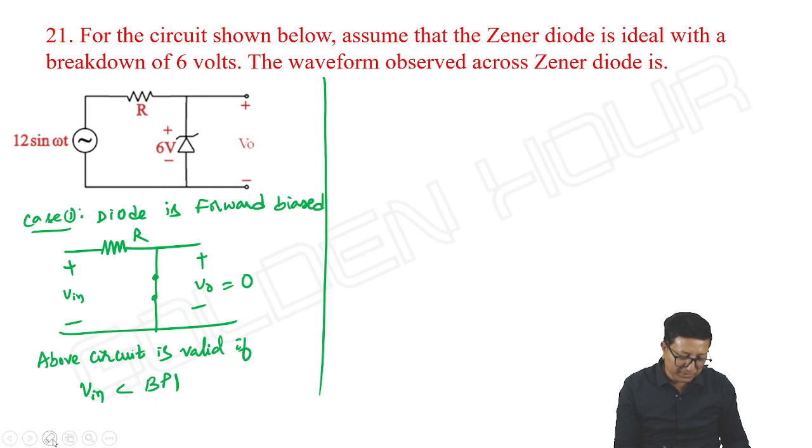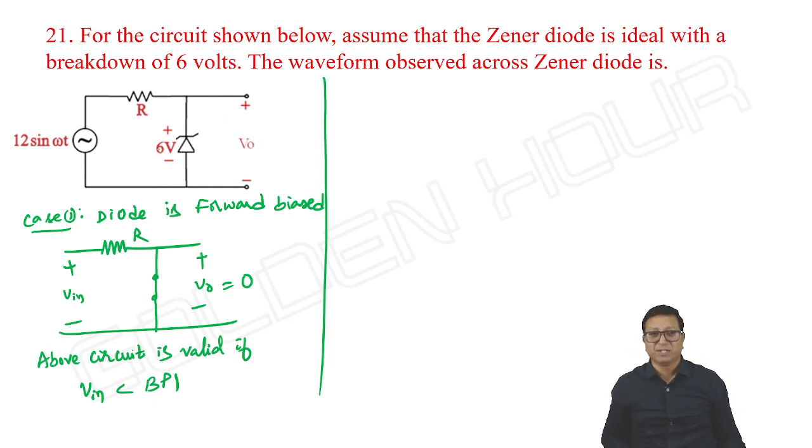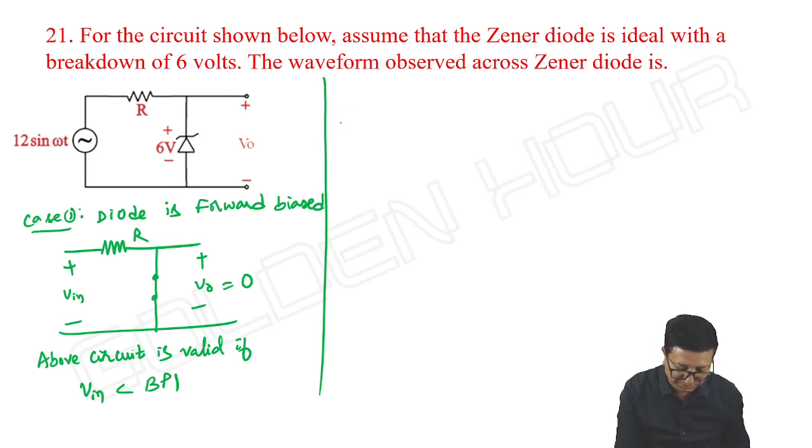As long as the input is less than the breakdown voltage of the Zener diode. If the input is more than the breakdown voltage, then the Zener diode undergoes Zener breakdown and maintains a constant voltage of 6 volts across it. And here what case am I looking at? Input is positive and less than the breakdown voltage of the Zener diode. That's it. So case 2.